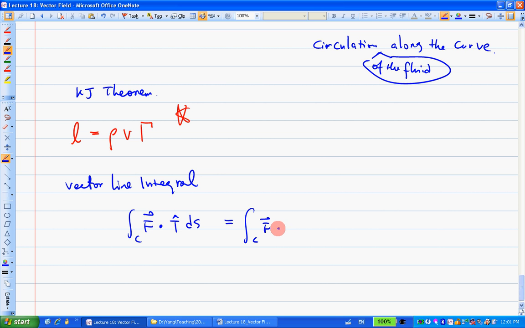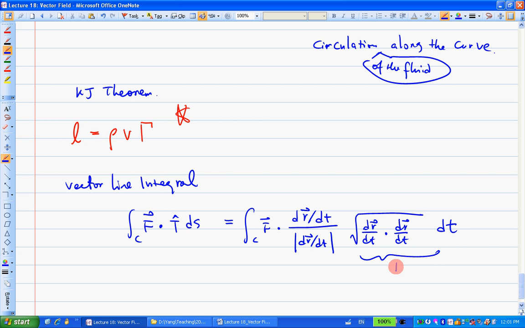And t hat is dr over dt, normalized. That's t hat. ds is what we learned for arc length, which is the square root of r prime dot r prime. So this is dr over dt dot dr over dt, and in the end there's dt. So this whole chunk is ds, and this is t hat.